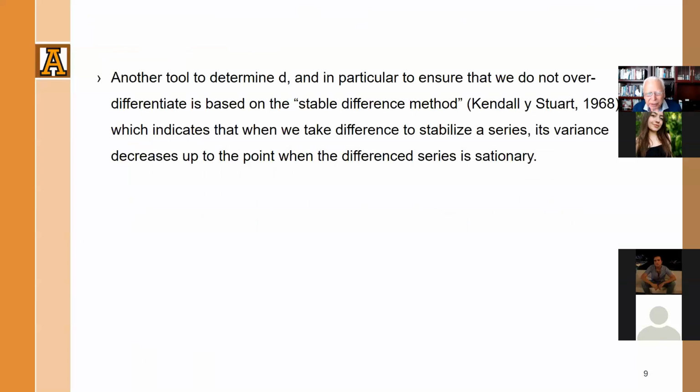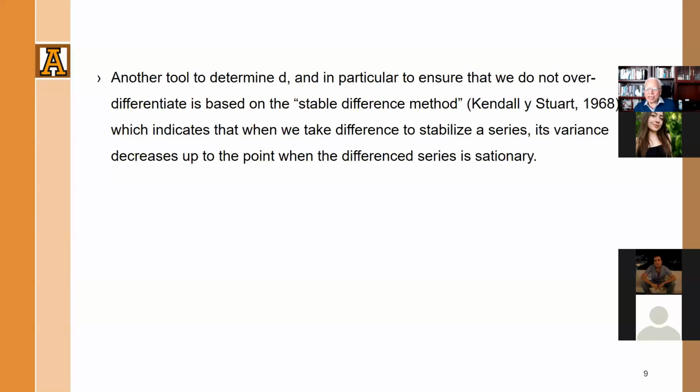Now, remember that if you difference a series that is stationary, you get another stationary series. So you can keep taking differences, and the series will still be stationary. But if we over difference, that makes identification and estimation more complicated, so we need to make sure we do not over difference.